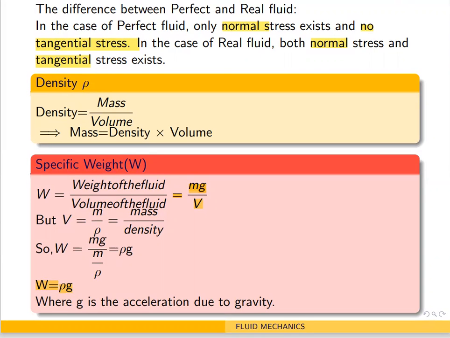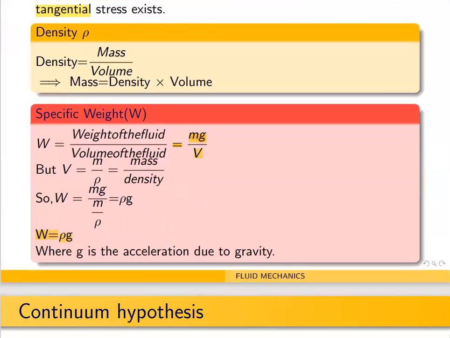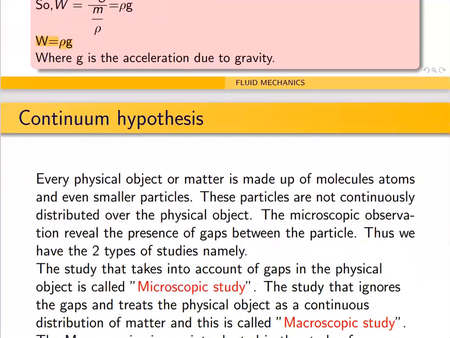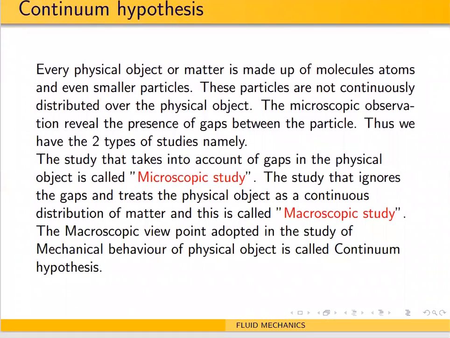To study fluid mechanics, we should know what is called continuum hypothesis. Every physical object or matter is made up of molecules, atoms, and even smaller particles. These particles are not continuously distributed over the physical object. The microscopic observation reveals the presence of gaps between the particles.